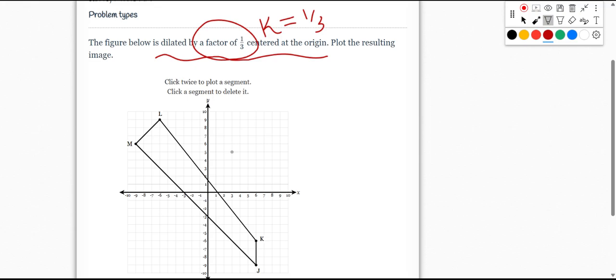I'm just going to pick one of the points, point L. L looks like it's located at -6, +9.